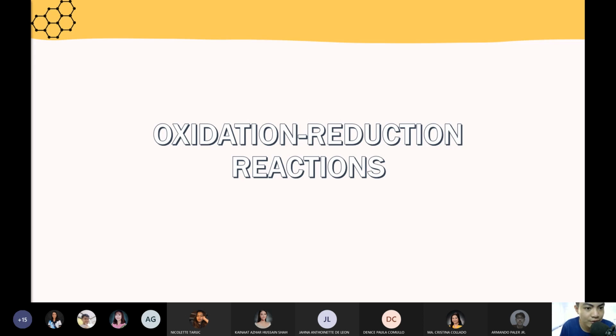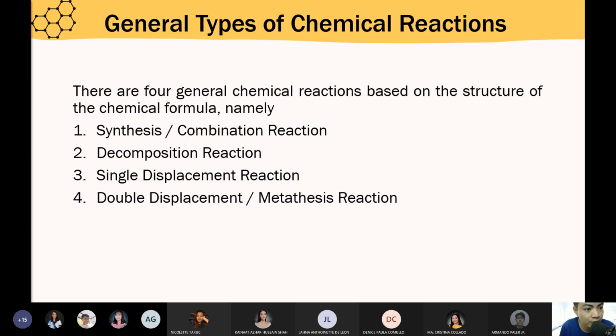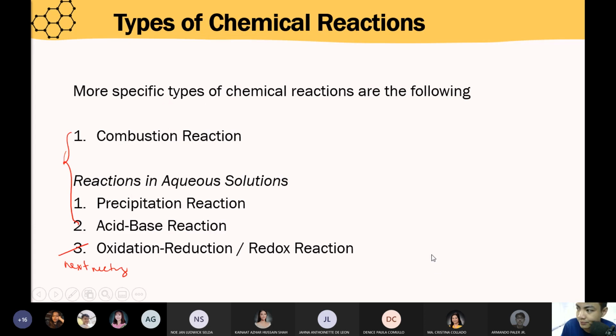So last time, we were able to cover the different types of chemical reaction. In your high school, you are all familiar with synthesis, decomposition, single displacement, and double displacement reaction. And last time, we added some additional types, such as precipitation reaction and acid-base reaction.